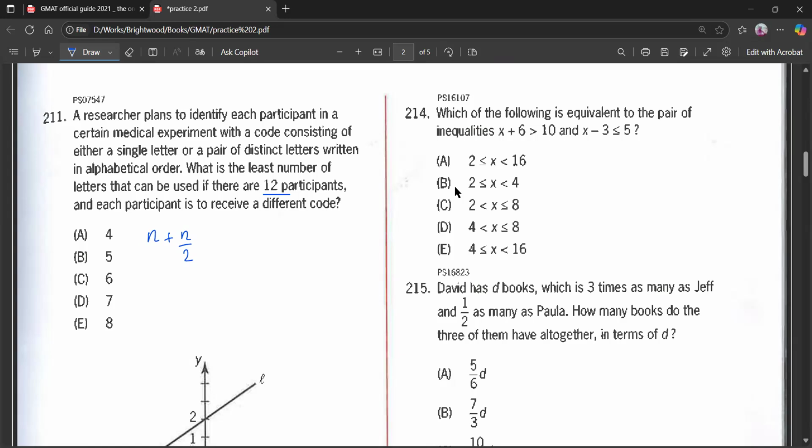If I consider n as 4, 4 plus 4 over 2, it's 6. Is that sufficient? No.